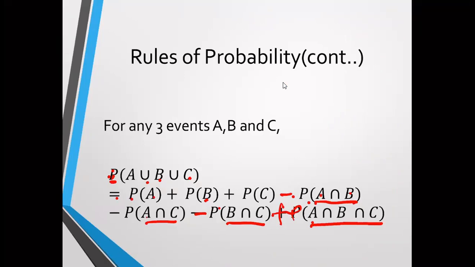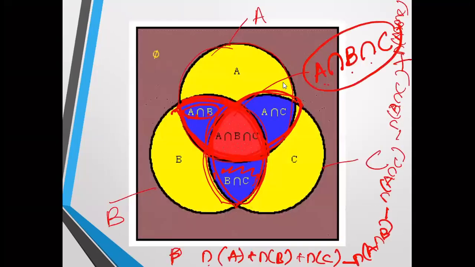If we write it in terms of P, then it becomes the additive rule of probability. If we have 2 events, we have a different formula. If we have 3 events, then it becomes a different one. You need to remember these 2 formulae.